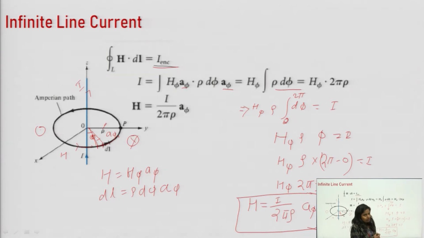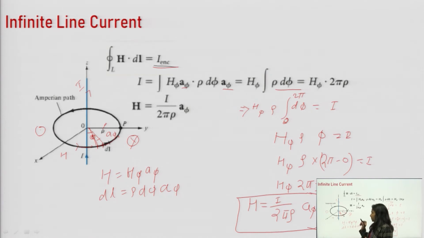This is the case of the infinite current conductor. We can see that both results are the same, but this is far easier than applying the Biot-Savart law to find the field for a symmetrical infinite current carrying conductor.